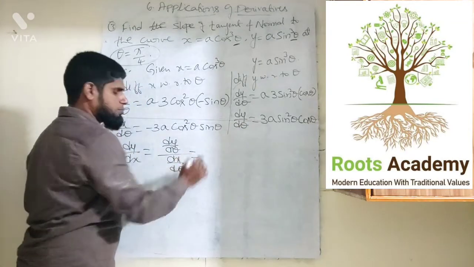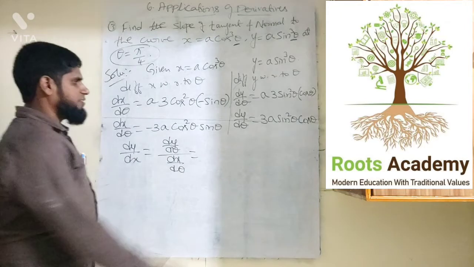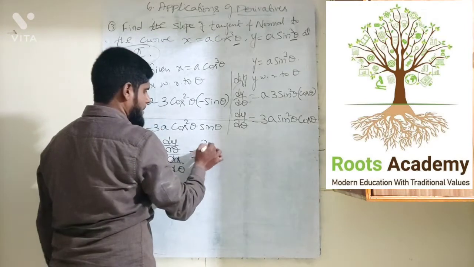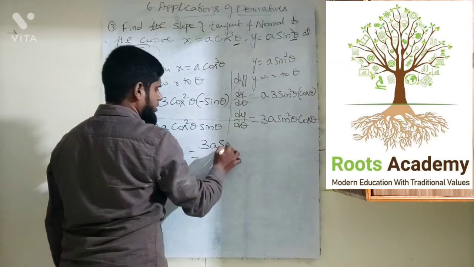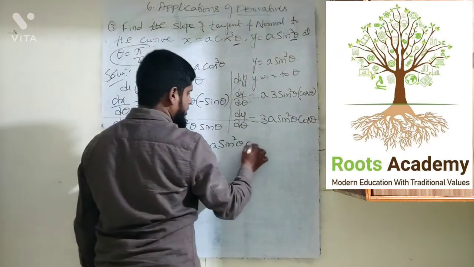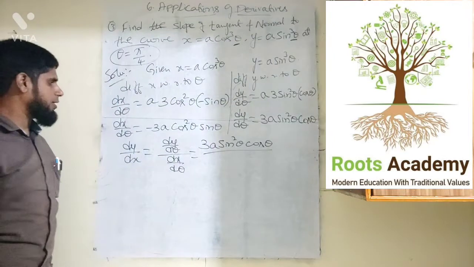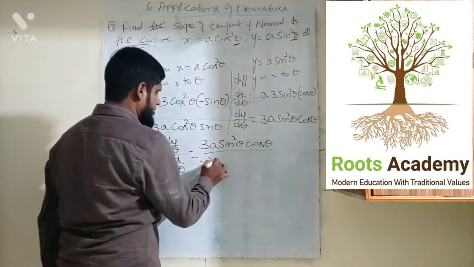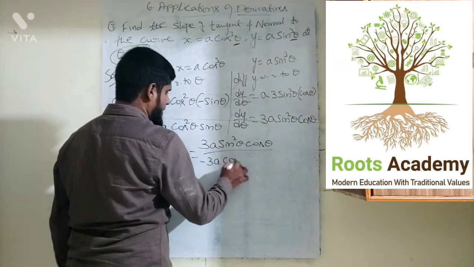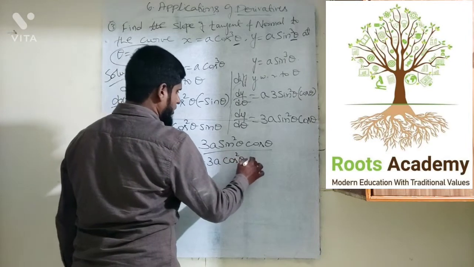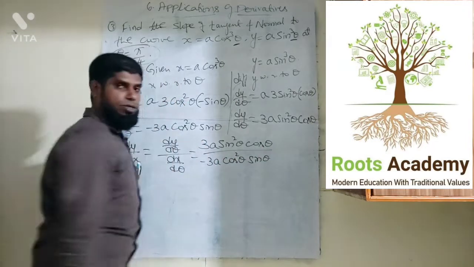Let us substitute here. Our dy by d theta is 3a sin square theta into cos theta divided by minus 3a cos square theta into sin theta.